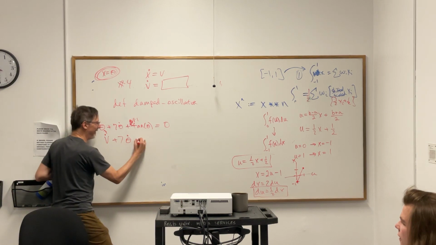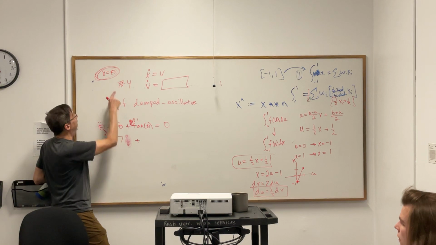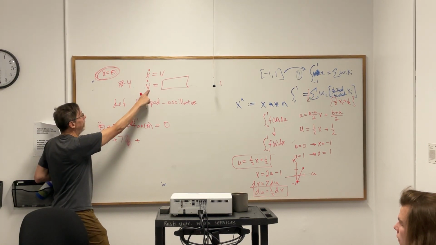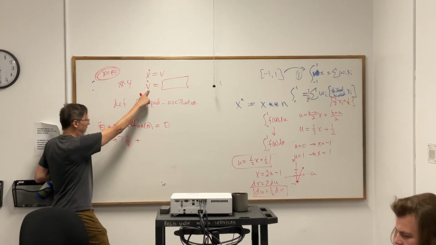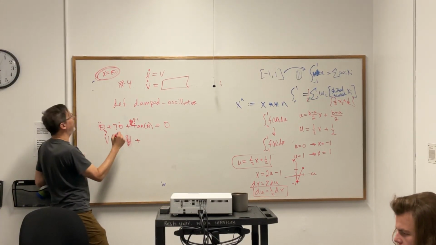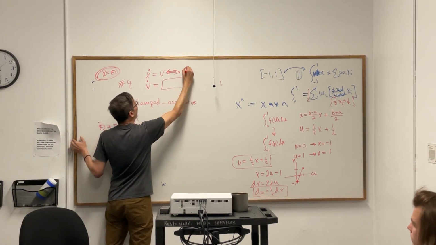So then we got this, and theta dot is going to be, wait, what is x dot? V, yes, thank you. So this equation, thanks, I should have written that up here because now I'm confused.